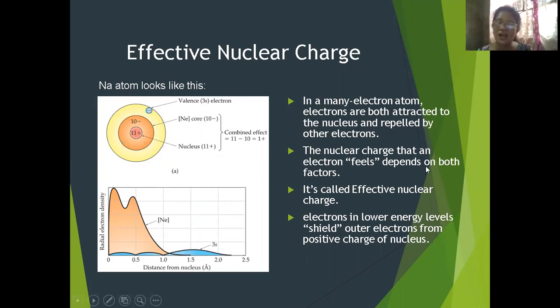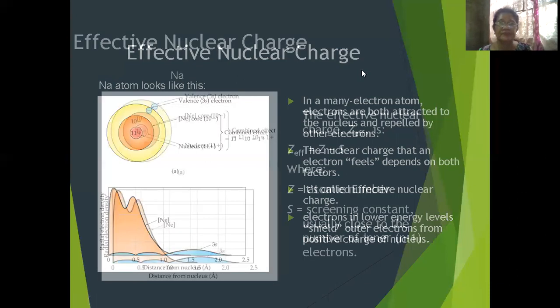So the nuclear charge felt by an electron depends on its attraction and its repulsion. So how is it being done? So electrons in lower energy levels will shield, tabunan. Katong electron nga lower ang energy level, iyang tabunan ang positive charge nga nucleus. And that's it.